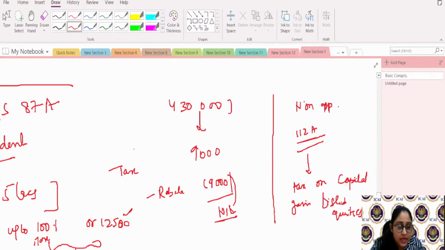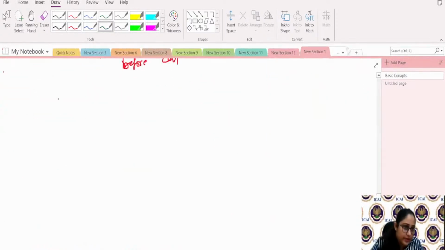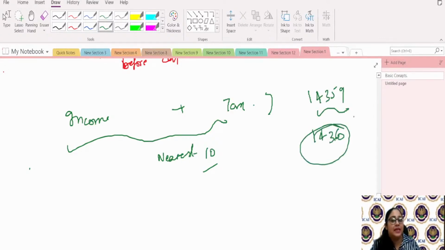ठीक है. उसके साथ students always remember one thing, that the income amount and the tax amount, you should round it off to the nearest 10. So suppose my tax amount is coming to 14,359 after every surcharge and cess, so it would be 14,360.